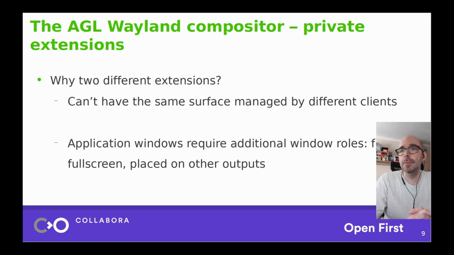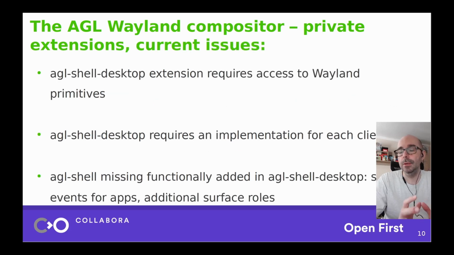Now, this is a bit problematic because we need to implement two different private extensions, AGL Shell and AGL Shell Desktop. AGL Shell Desktop requires access to Wayland primitives, and this isn't always that easy to do.